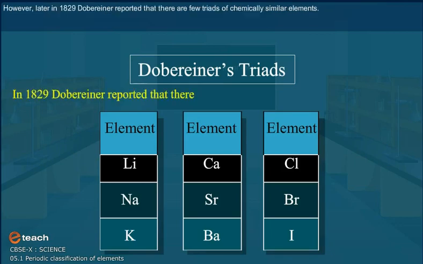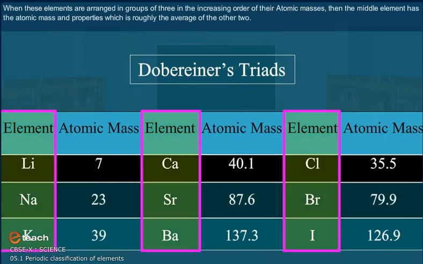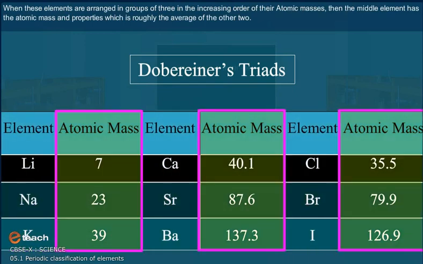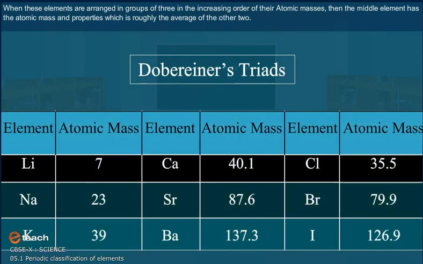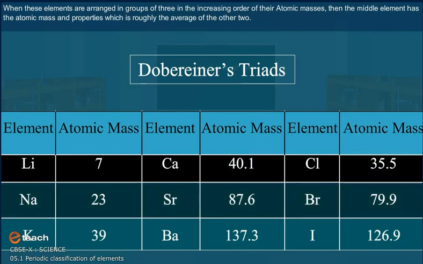However, later in 1829, Döbereiner reported that there are a few triads of chemically similar elements. When these elements were arranged in groups of three, in order of increasing atomic masses, the middle element has the atomic mass and properties roughly the average of the other two.